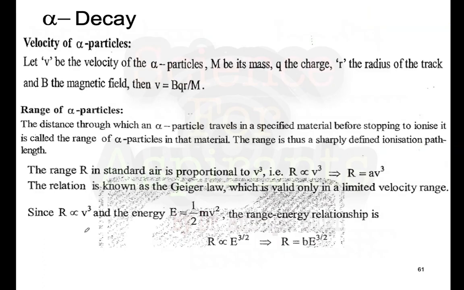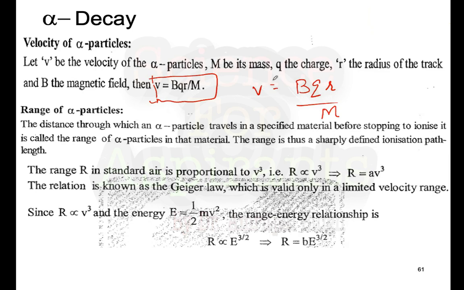Next is alpha decay. In this you can find the velocity of the alpha particle. If we are shooting these alpha particles in a high energy magnetic field, and suppose they are moving with velocity v, we can find the velocity with this equation: v = BqR over m.